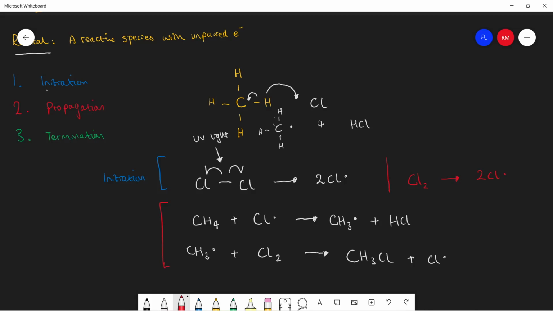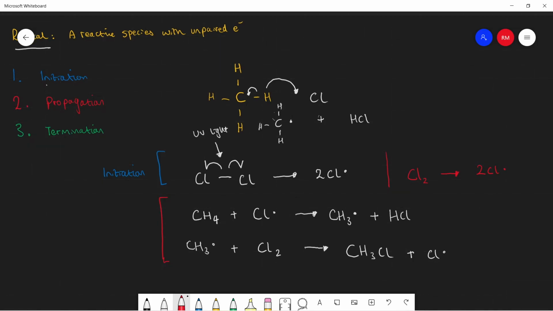There. So we can see we've obviously formed our chloromethane here. This is our propagation step. We've formed our chloromethane, and we've also created this chlorine radical.